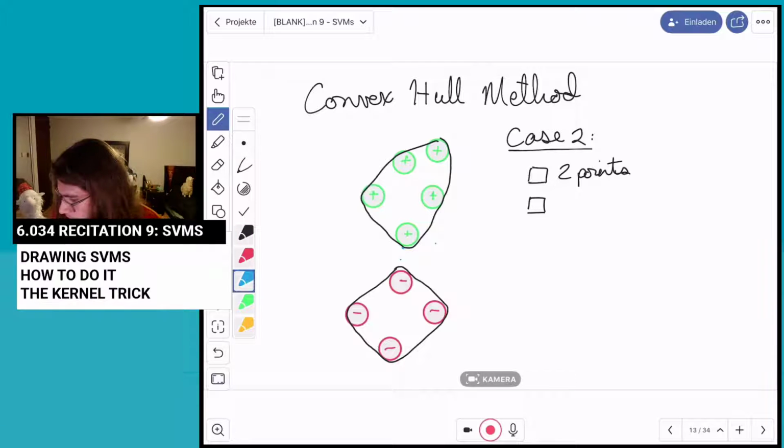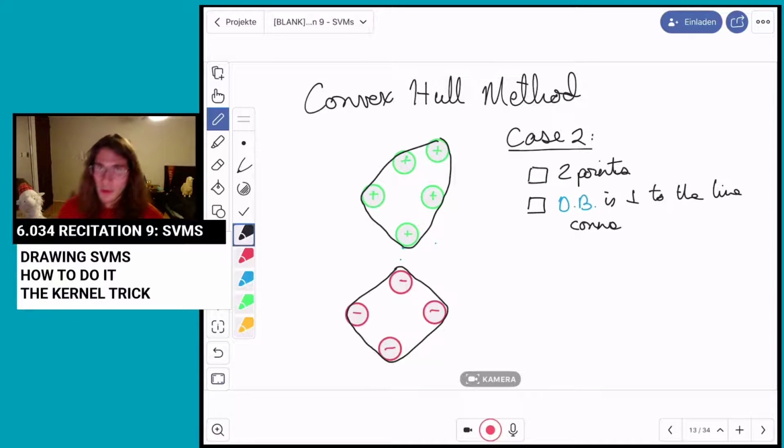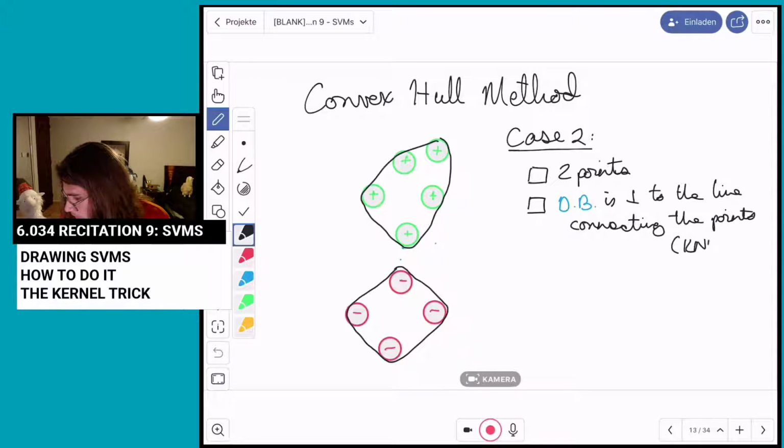And in this case, the decision boundary is perpendicular to the line connecting the points. So this is very, very similar to KNNs and the perpendicular bisector method.